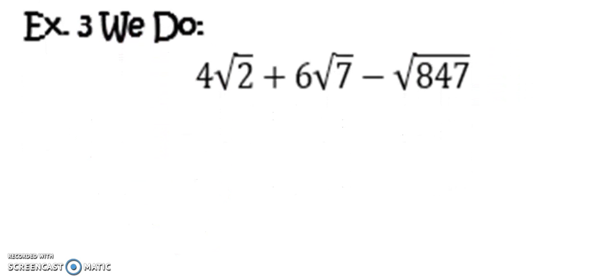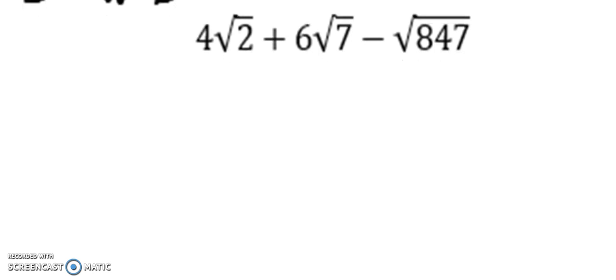If we look at example 3, 4 times the square root of 2 is already simplified. 6 times the square root of 7 is already simplified, but I need to simplify the square root of 847. That breaks to 7 and 121. From there, 121 is 11 and 11.